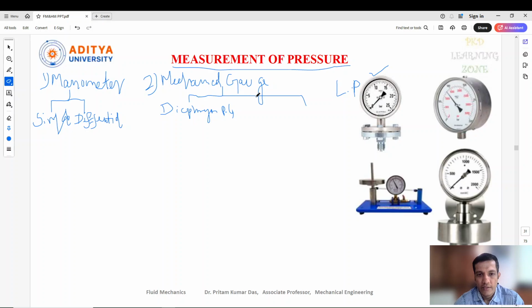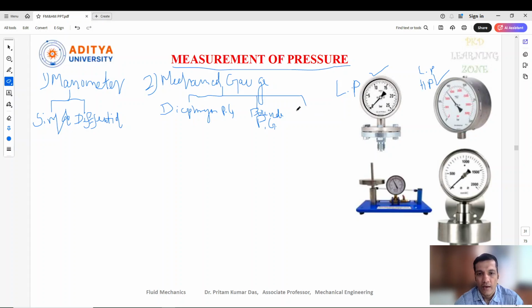The second one is the Bourdon tube pressure gauge, and this is the picture of the Bourdon tube pressure gauge. Mostly it is used for low pressure as well as high pressure.